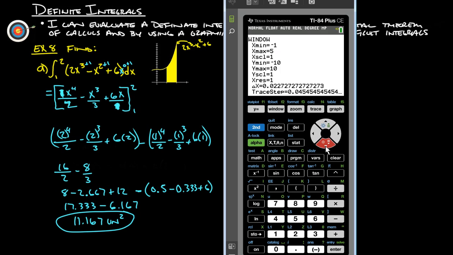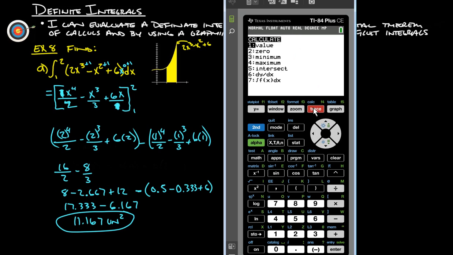The y minimum, it's not going to go below, so let's just do -1. Our graph is going up pretty quick, so I'm going to change this to 20 or something of the sort, and then graph. It's going to regraph everything. I want to make sure that this 2 is going to hit somewhere up there. And then here's what we do to find the area under the curve.